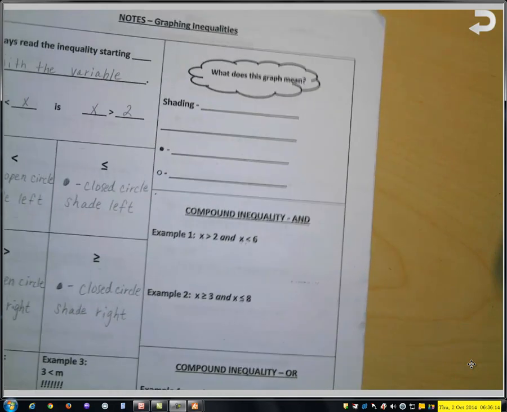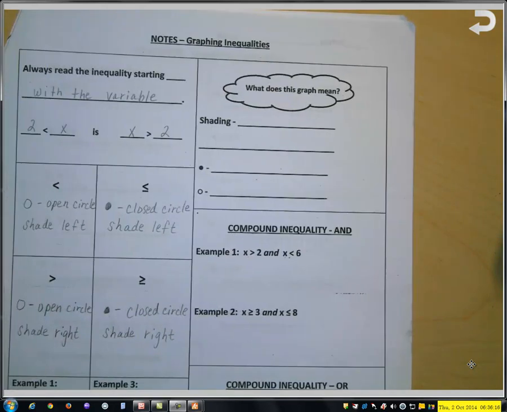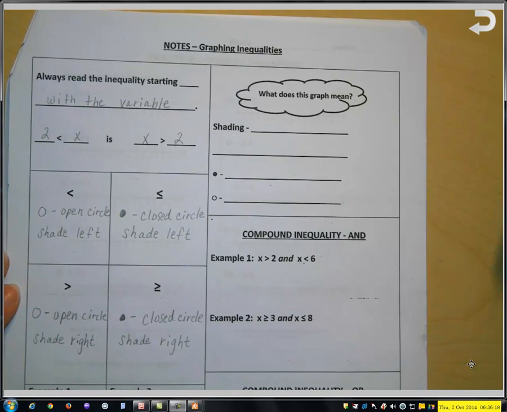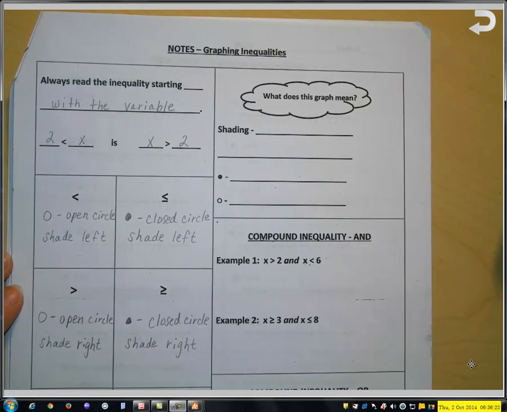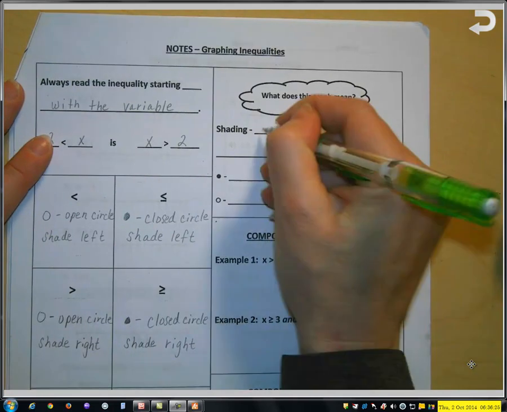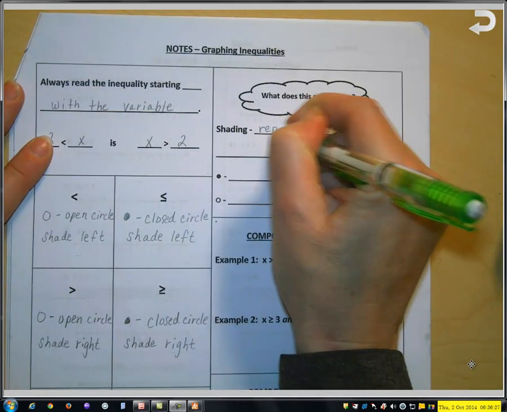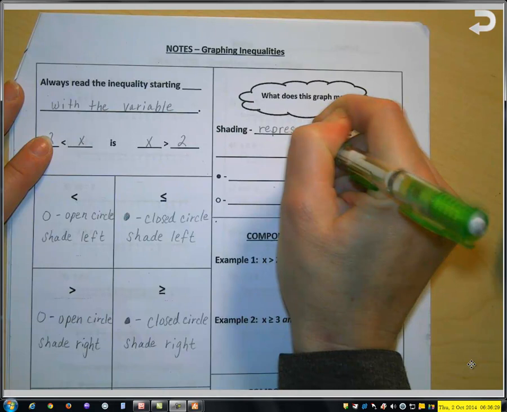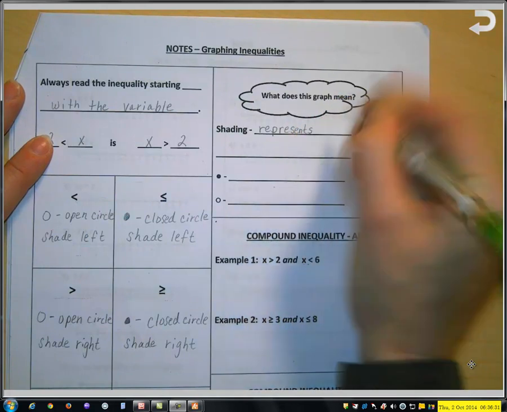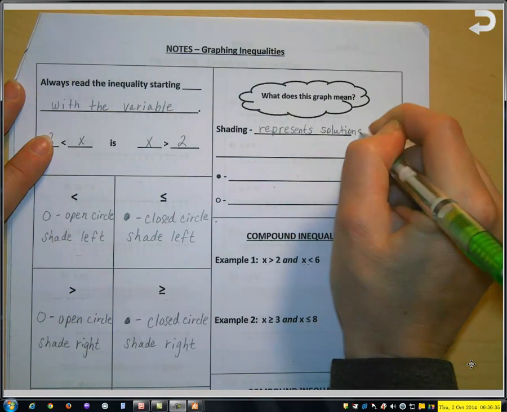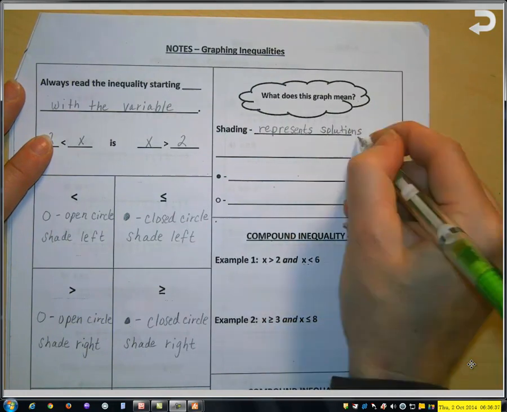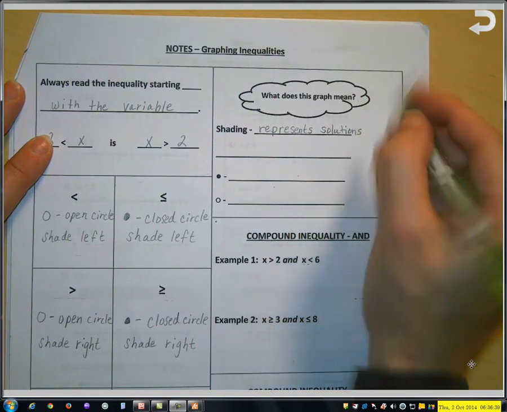So let's talk about what some of the symbols or the things that we're seeing on the graph mean. The shading represents the solutions to the inequality, or the values that make the inequality true.